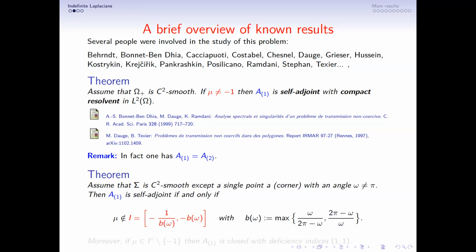What we say is that here, if we are smooth, we have a problem only for -1. And then if we just assume that we have just one corner, and we are smooth outside, then in fact we have an interval, let's say around -1, where outside of this interval we are self-adjoint. So A1 is self-adjoint. But inside, except for the point -1, we will see why it is not.